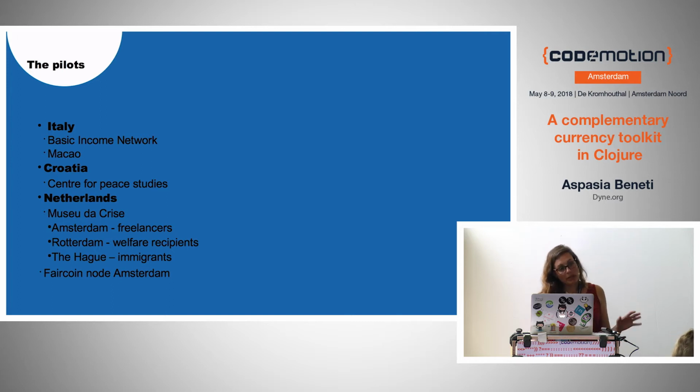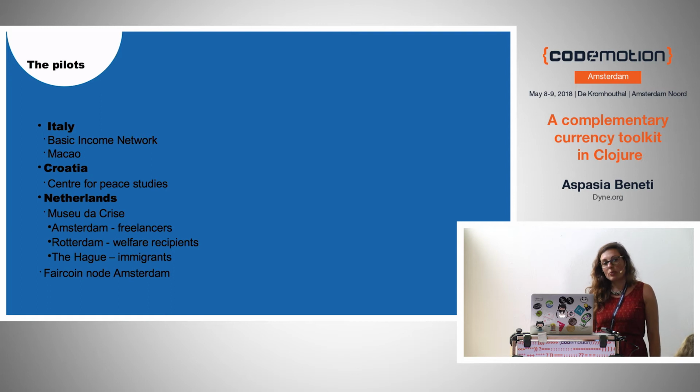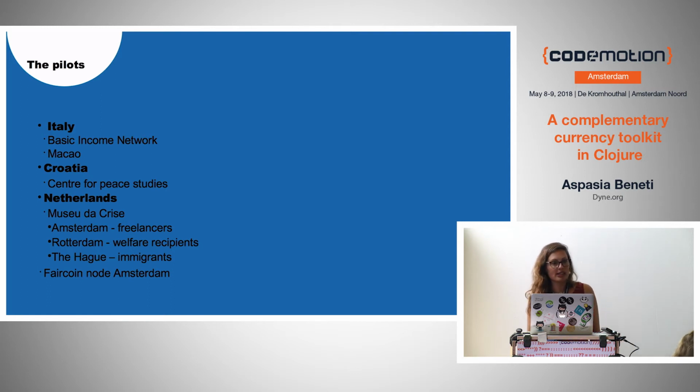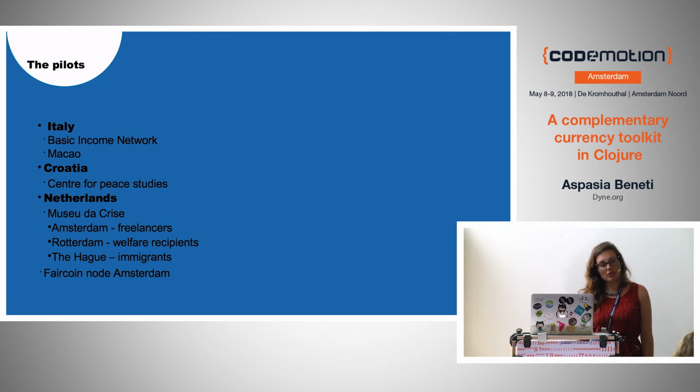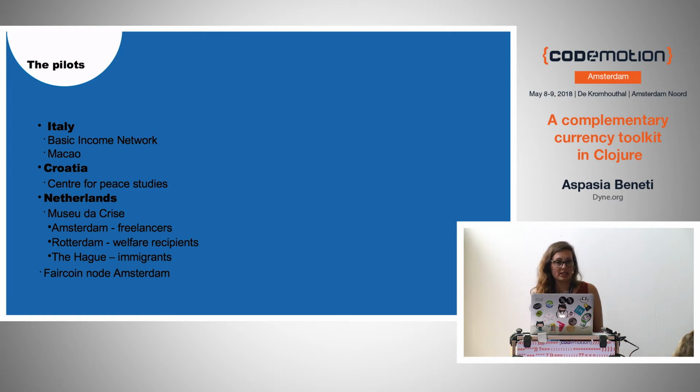In Italy, we have two main partners: the Basic Income Network, which are basically advocates of the basic income, and Macao, which is a collective of artists, which I will explain to you later. In Croatia, the Center for Peace Studies, a humanitarian organization that deals with many matters, like combating racism, integrating migrants, and others.